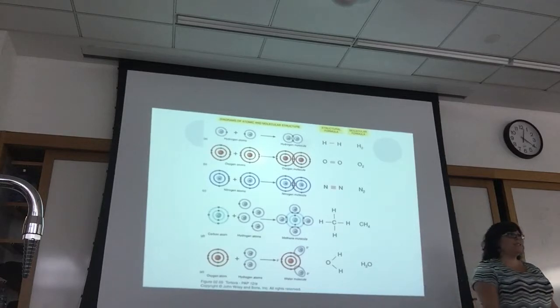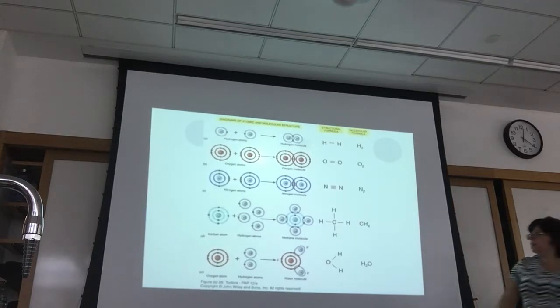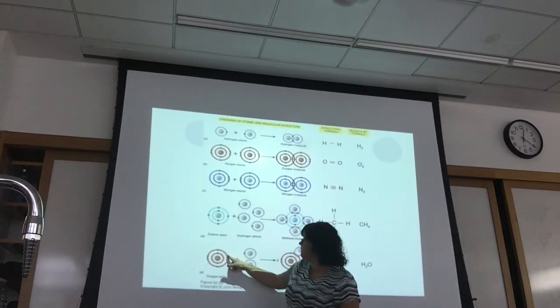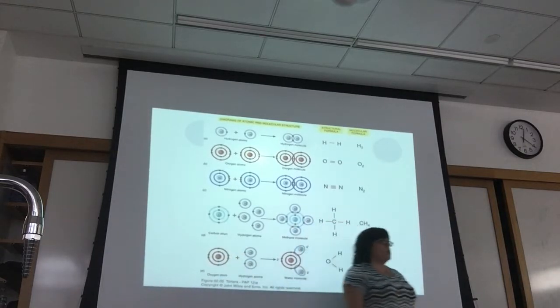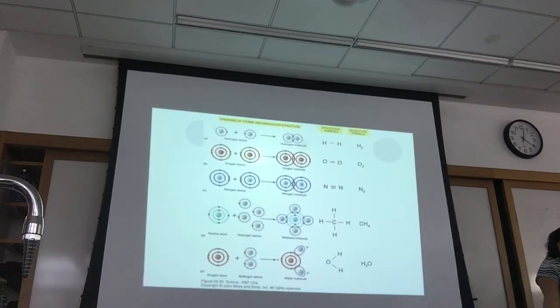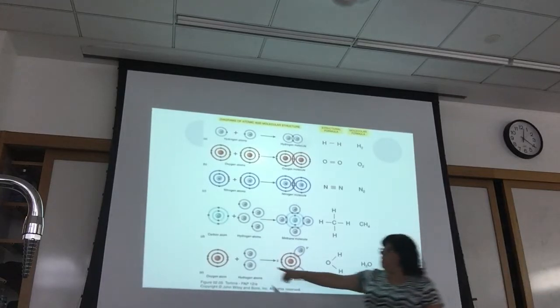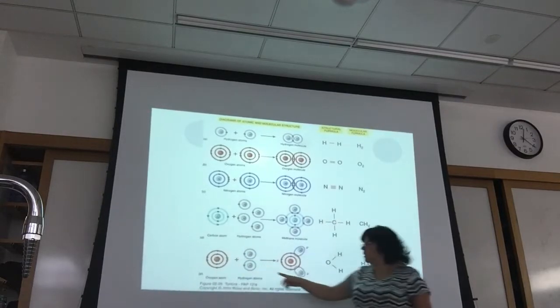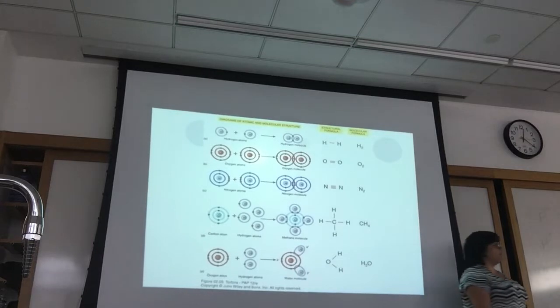Oxygen has 6 electrons, right? If we were to count them up, 1, 2, 3, 4, 5, 6 electrons in its outer orbital. It's not 8, so it's not stable. It's going to take 1 from this hydrogen and 1 from this hydrogen to gain its stability.